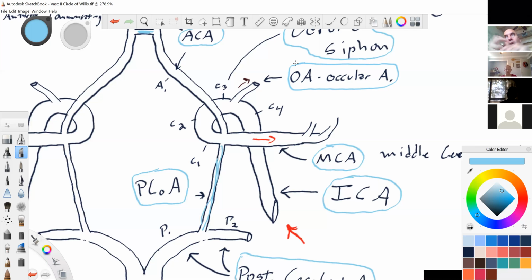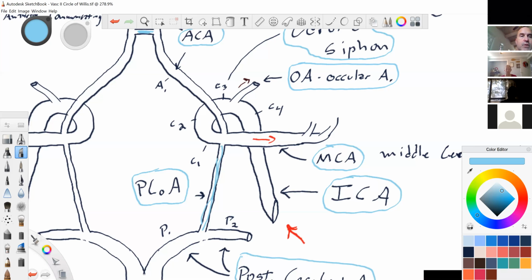By the way, guys, you haven't all taken that homework yet. All right, well, clue for number 4, occluded. So if the ICA is occluded, there are other ways of blood getting up that side.